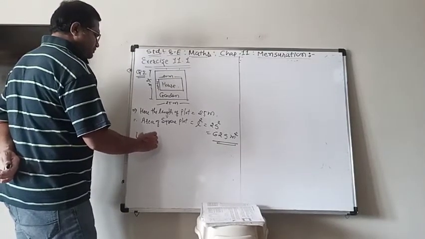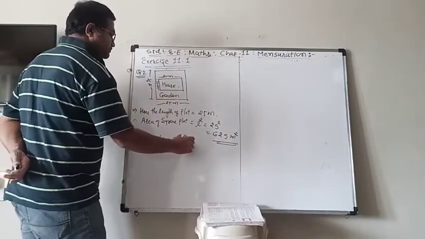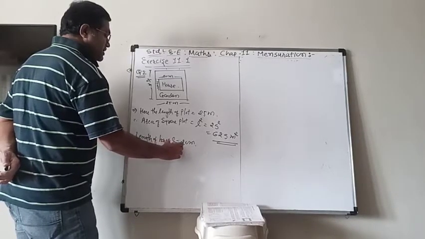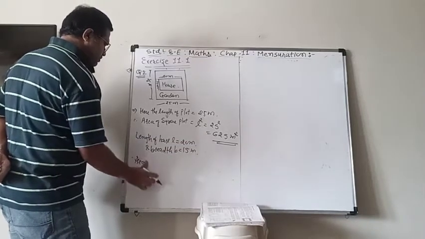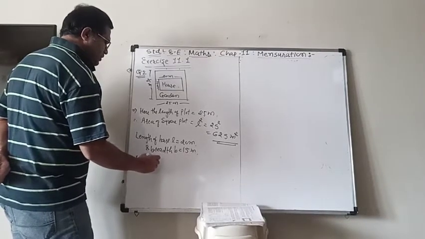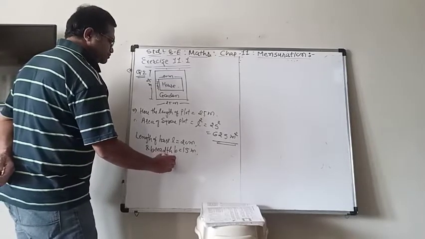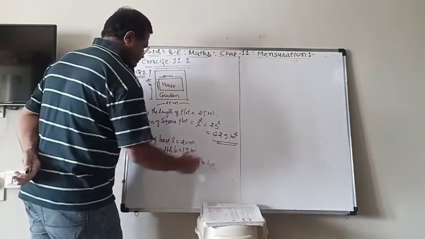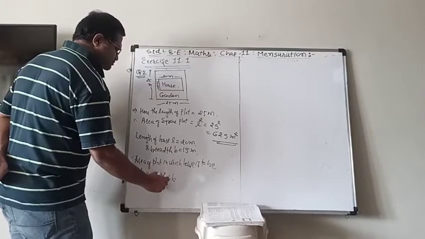Now the length of the house, L, is 20 meters and breadth B is 15 meters. So the area of the plot in which the house is to be built is equal to length multiplied by breadth.